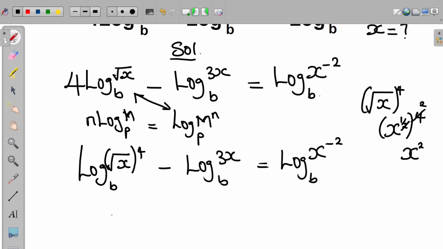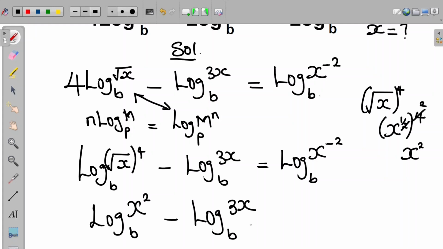So the left-hand side becomes log x raised to the power of 2 to base b minus log 3x to base b equals log x raised to the power of negative 2 to base b.